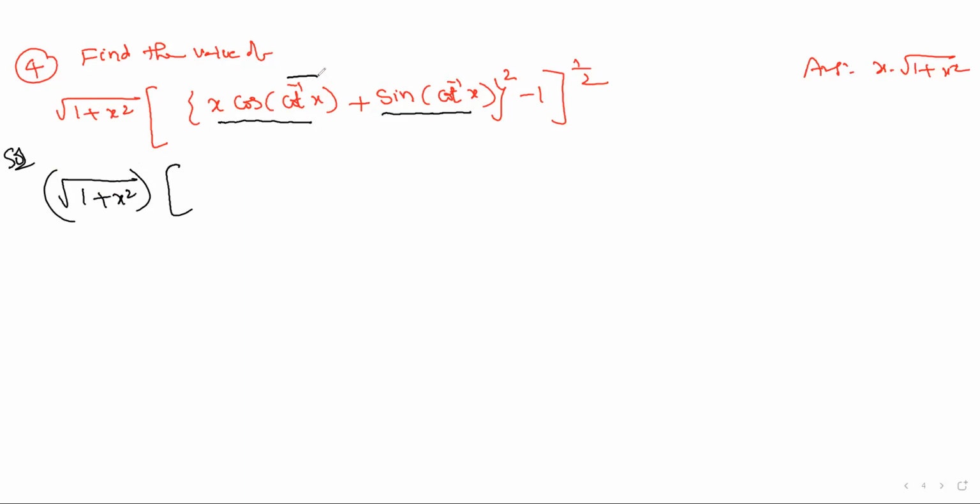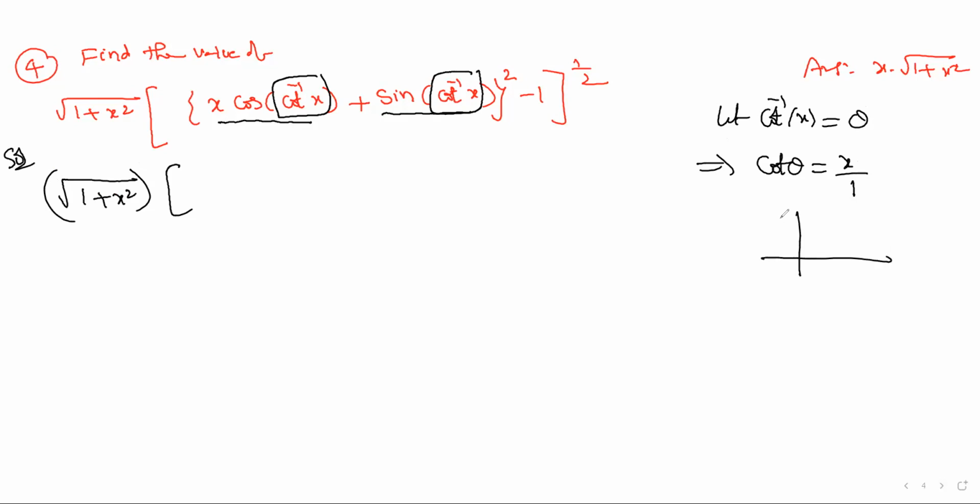Let us take cot inverse x equal to theta. We get cot theta is equal to x. x is nothing but x by 1. From this triangle, this is theta. Cot theta formula is adjacent side by opposite side.